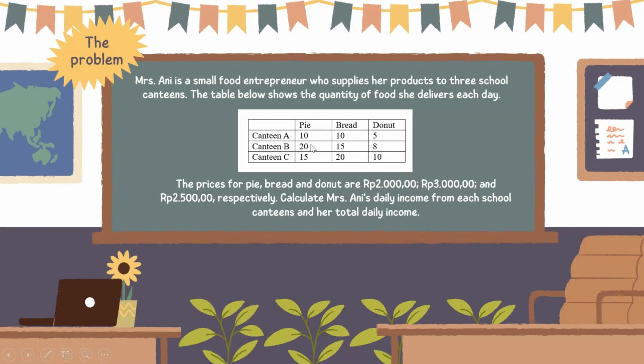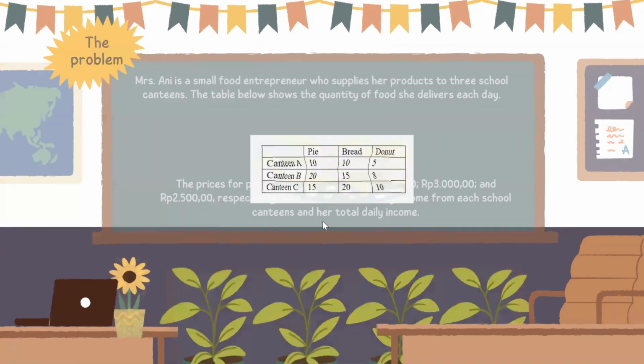For canteen B, 20 pies, 15 breads, and 8 donuts. For canteen C, 15 pies, 20 breads, and 10 donuts. The prices for pie, bread, and donut are 2,000 rupiah, 3,000 rupiah, and 2,500 rupiah, respectively. Calculate Mrs. Annie's daily income from each school canteen and her total daily income.